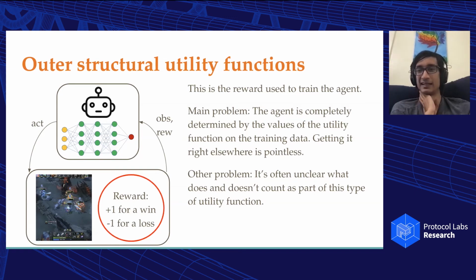One common way is to add a term to the reward function or loss function that rewards the agent for visiting new states, or states in which it can't predict what's going to happen. That's one way you can get the agent to explore more. And presumably that should be part of the outer structural utility function, because it was a term added to the reward function.